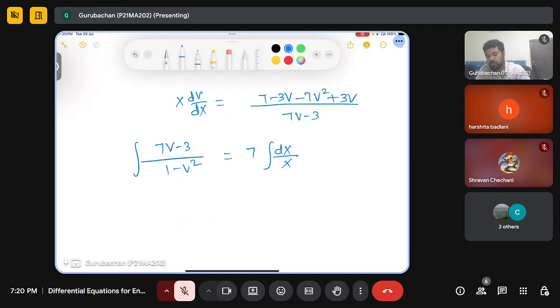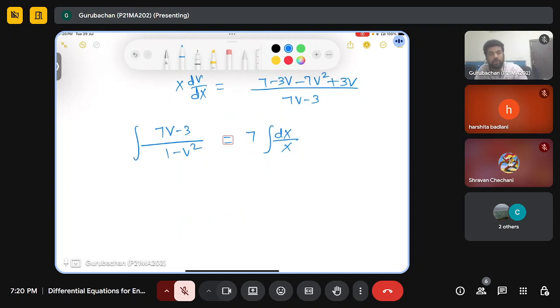Yes, sir. Okay. So if you observe from the lower step, if you add -4 and +4, what will it give? 7v minus 1 divided by (1 plus v) into (1 minus v). One factor is this. And what will be the other factor? That one is +4.